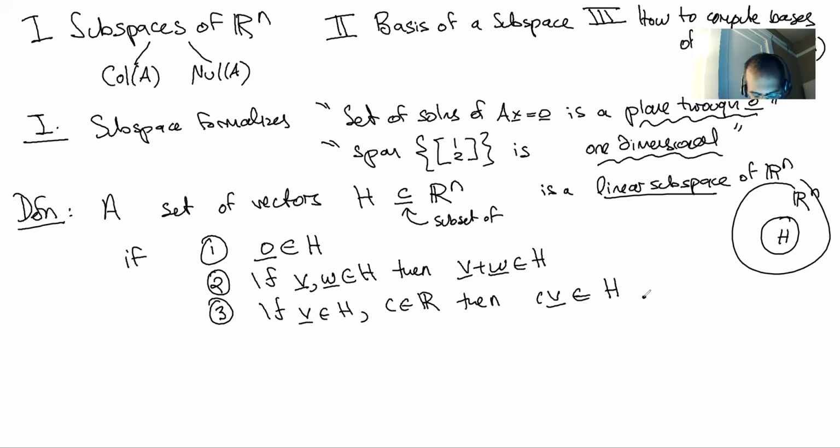Okay, so what's the picture? Before we draw the picture, let's summarize this more conceptually. These are three conditions. So 0 in H means it contains the origin. And conditions 2 and 3 articulate that it's a plane. I'll explain that in a moment.